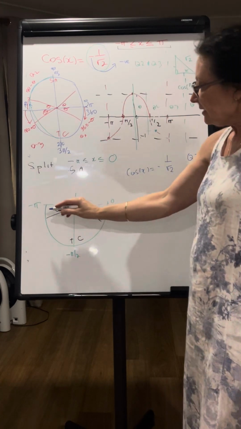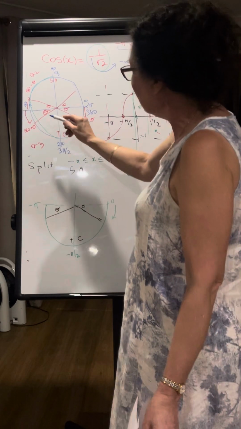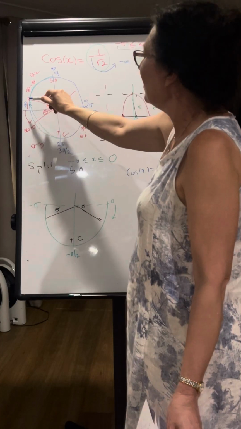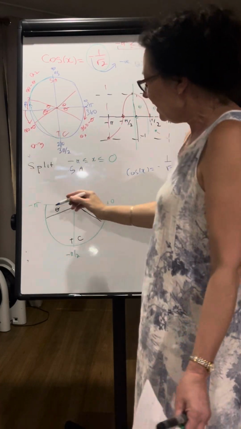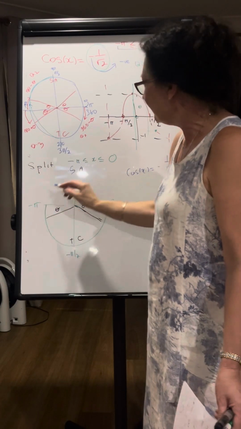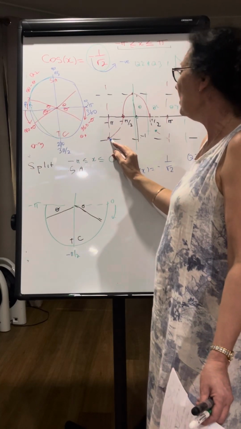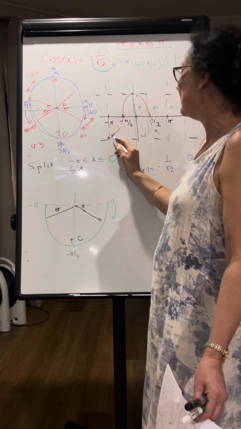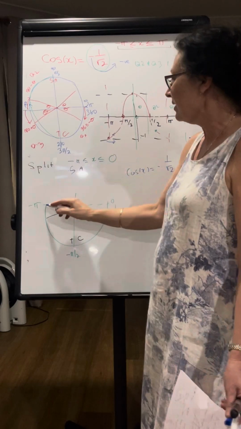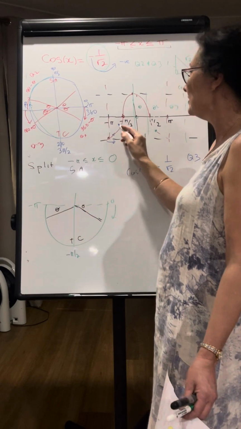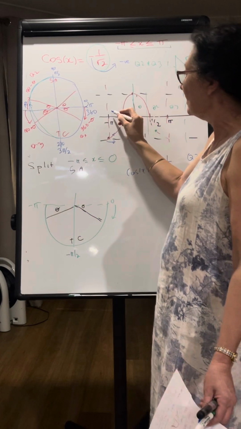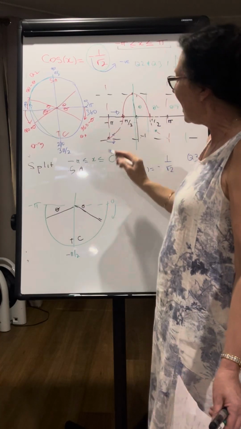Now here, what are we going to write? Here it was 180 plus theta, 180 minus theta. Here we're at minus pi, which is here. Now we're going this way to about here. So we're going from minus pi closer to 0, which is getting bigger. Going that way, we add.